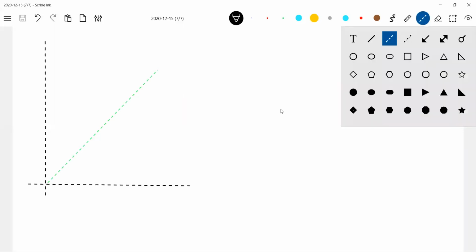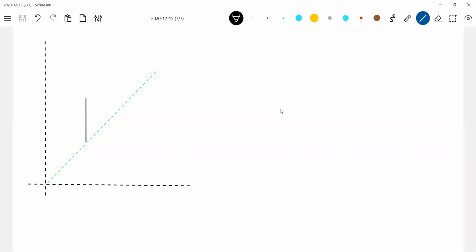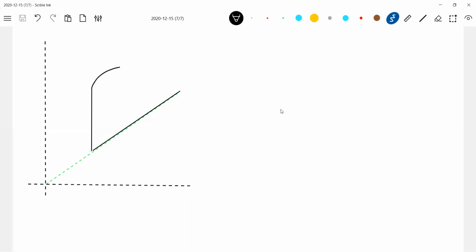We need a vertical line. Doesn't look like a semicircle.